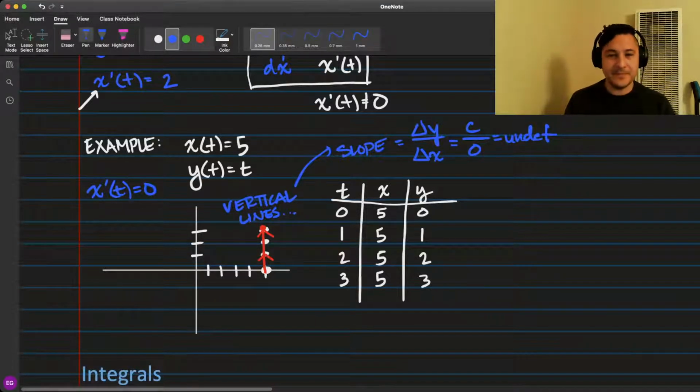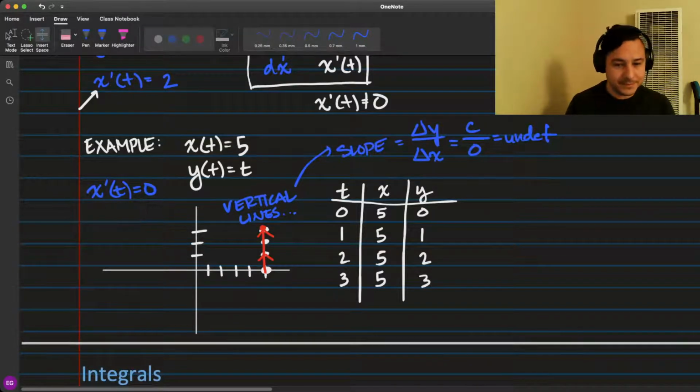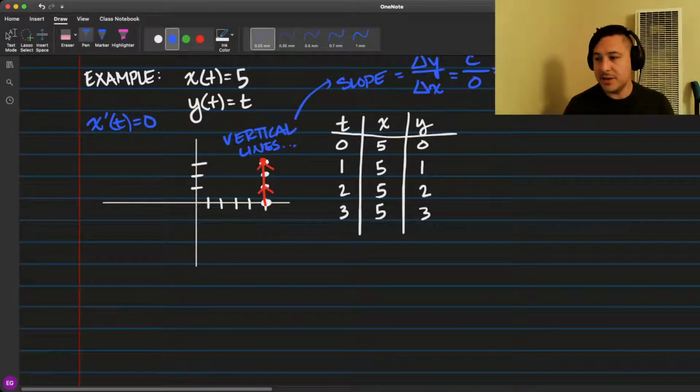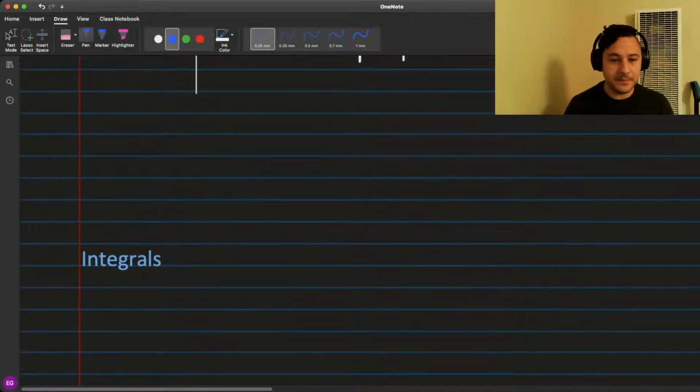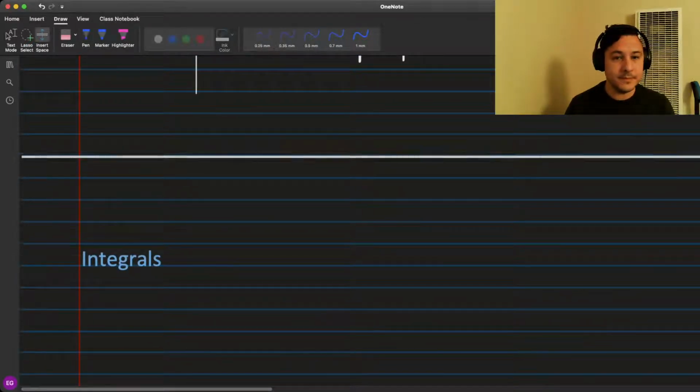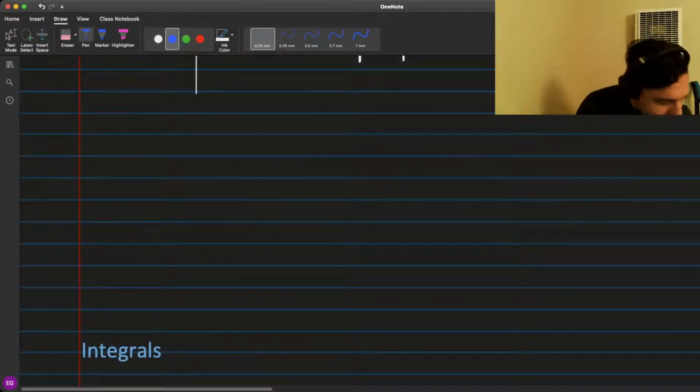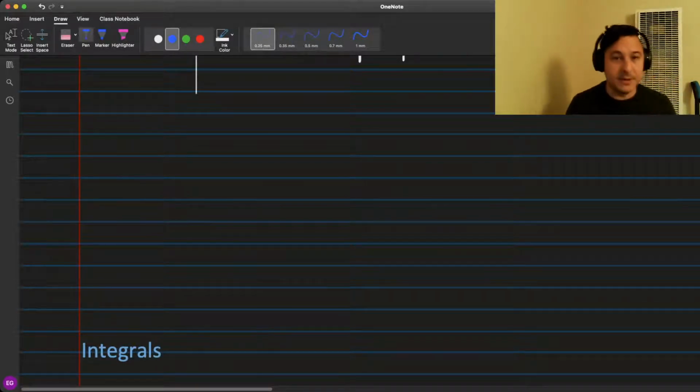Okay. So let's do some other examples. Let's give ourselves some space. Let's do it for a parabola. Oh, damn, let's go to white.